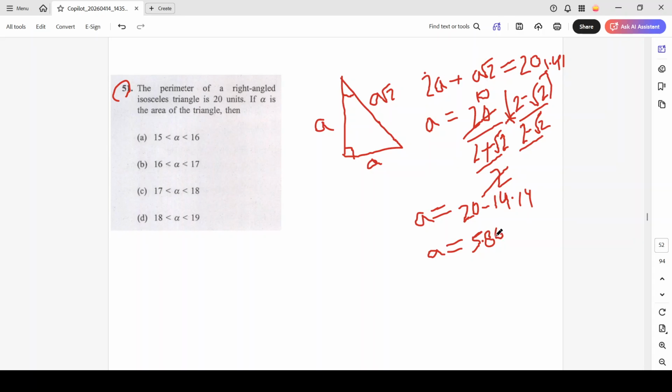Now to find the area, as we know, in the case of an isosceles right triangle, the area is half into A square, where A is the side other than the hypotenuse. So we multiply half with A square, that means 5.86 into 5.86.